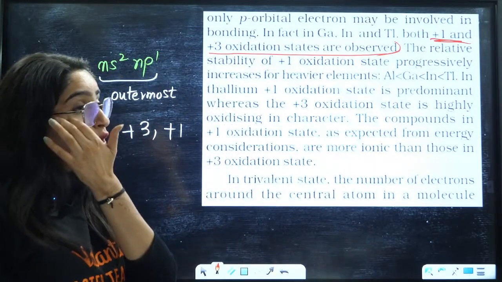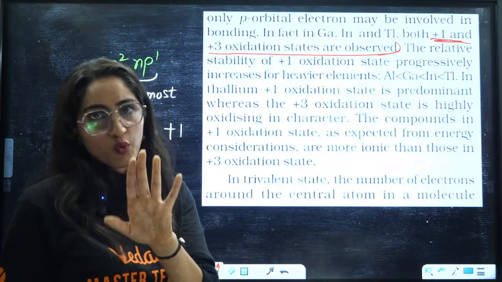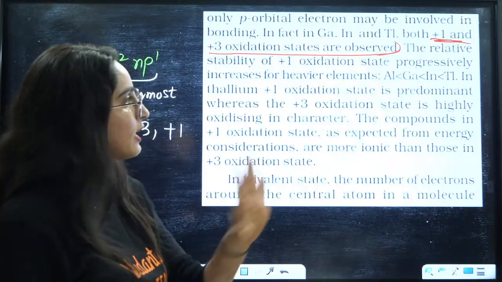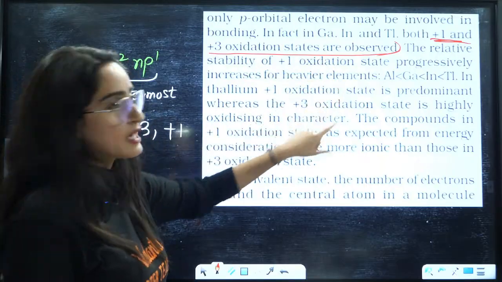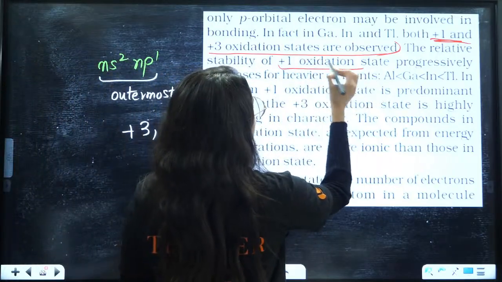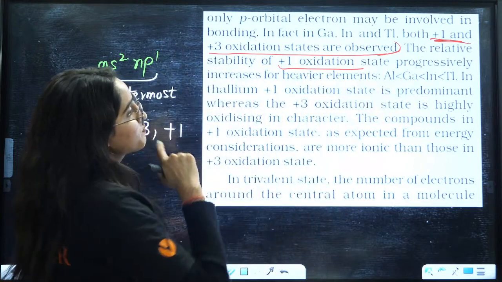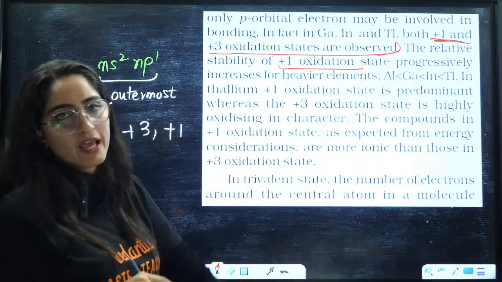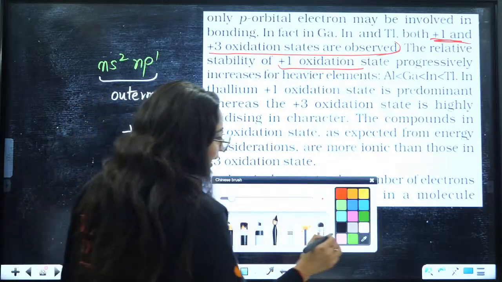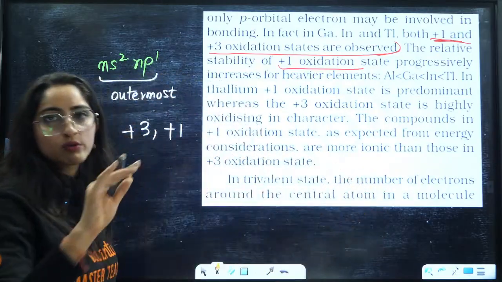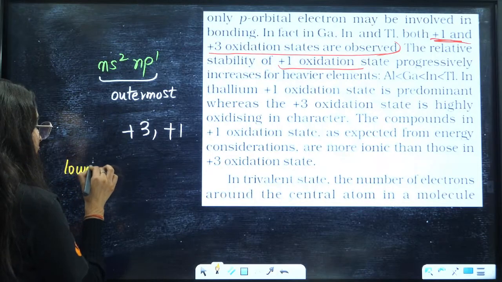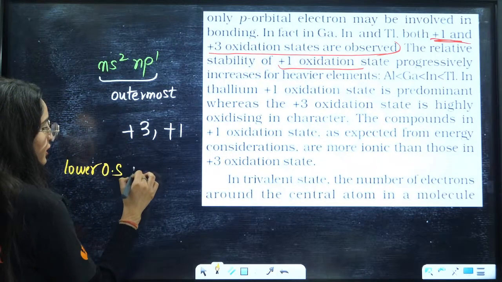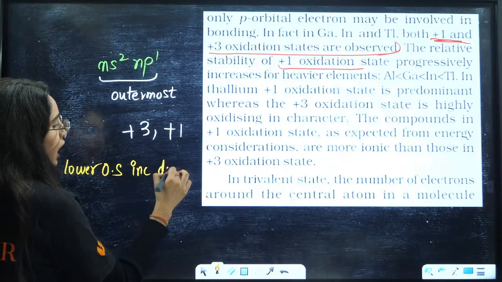Now, which state is more stable? That question is also frequently asked. The relative stability of the +1 oxidation state, that means the lower oxidation state, progressively increases for heavier elements. So a simple line you need to remember throughout this chapter, the p block, is that the lower oxidation state increases down the group.